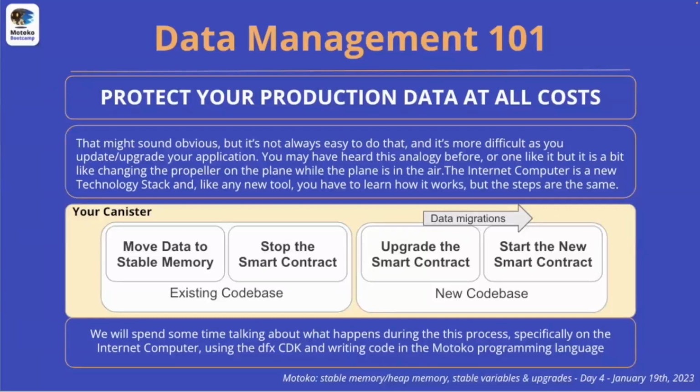And what we need to make sure that we know is what our options are in order to protect the data that is our production data, the data that's running inside of that smart contract as we replace the WASM or compiled smart contract.